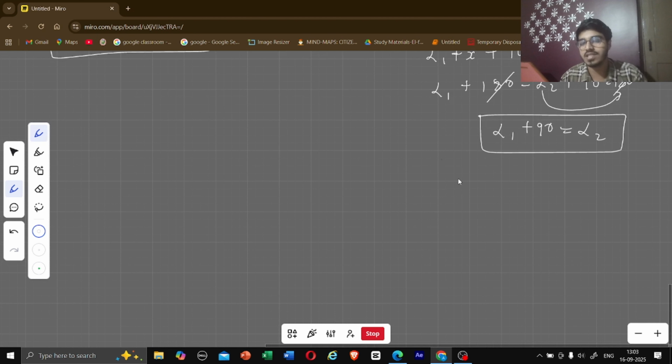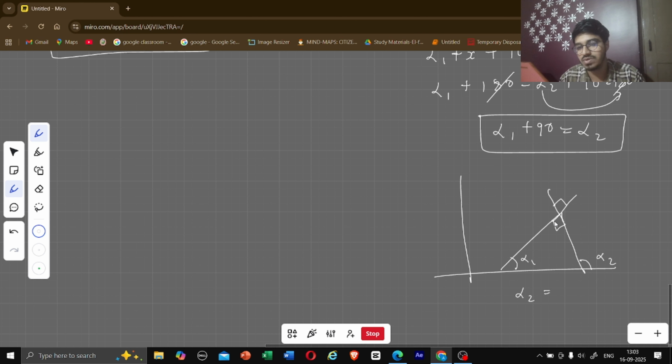The other proof is the exterior angle property of a triangle. See these lines. This is alpha 1, alpha 2, and this is 90 degrees. Consider this also 90 degrees, because this is a vertically opposite angle. We know the exterior angle property of a triangle: alpha 2 is equal to this angle plus this angle, right? 90 plus alpha 1.